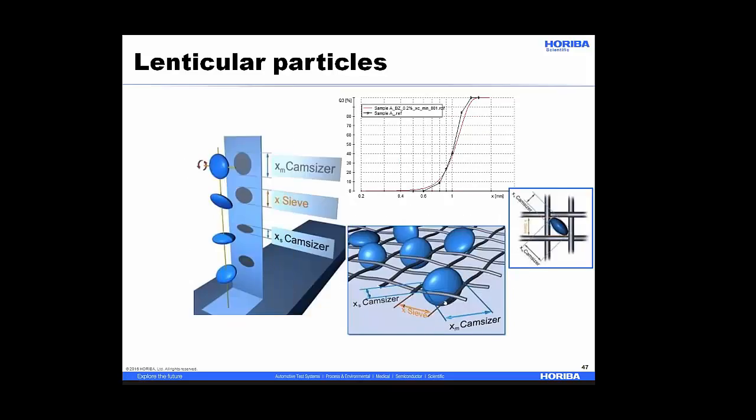So what's going on here? Well, there are a few things that are happening. The first is that the particles that we measure in the CamSizer tend to tumble by image analysis. And meanwhile, in the sieve, we're going to assume that the particles will bounce around until they fit through the sieve mesh in the optimal direction for getting through.